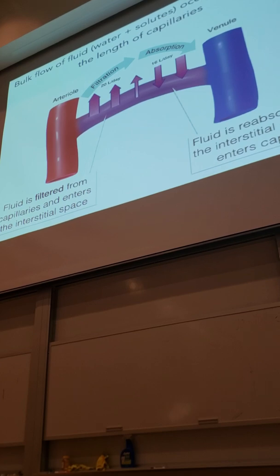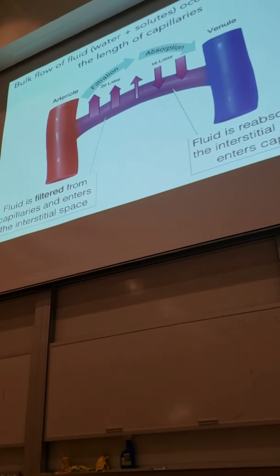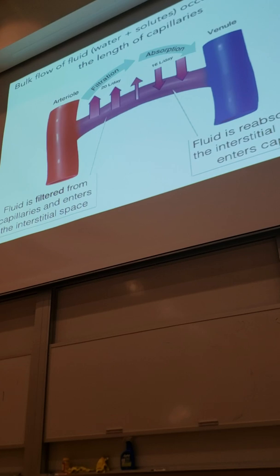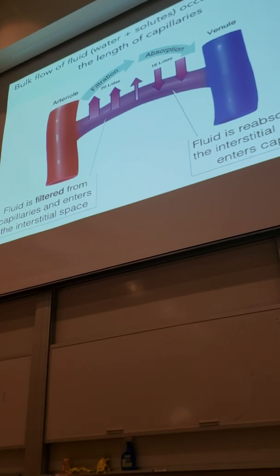All these forces are working together, but we have a net filtration of about plus 10. And fluid is filtered out. So, not only do we have diffusion, we're actively pushing some of that fluid out into the interstitial fluid. And then on the opposite side, we're reabsorbing, because we have a negative pressure.